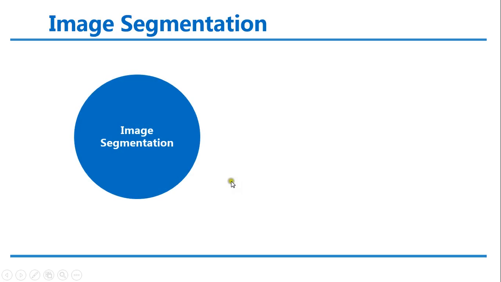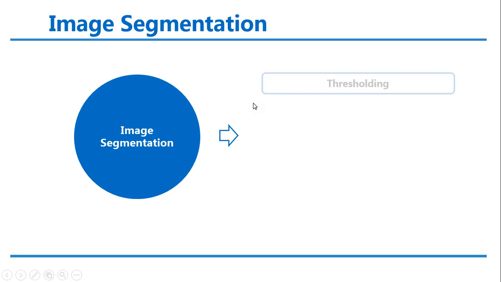Let me briefly introduce what image segmentation is. Image segmentation always occupies an important position in image processing technique. Meanwhile, it is a classical topic in computer vision research. The quality of image segmentation can determine the results and affect the efficiency of the image processing.